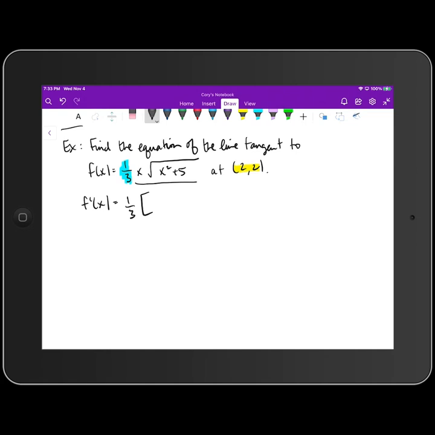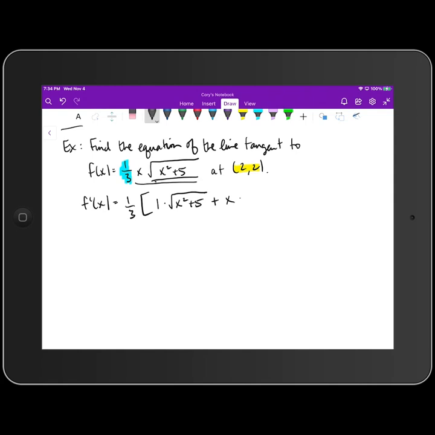To do that, I'm going to use product rule. And within product rule, I'm going to have to use chain rule to take the derivative of the second function. So using product rule, that's going to be the derivative of the first function, which is 1, times the second function, which is rad x squared plus 5, plus the first function, which is x, times the derivative of the second function.